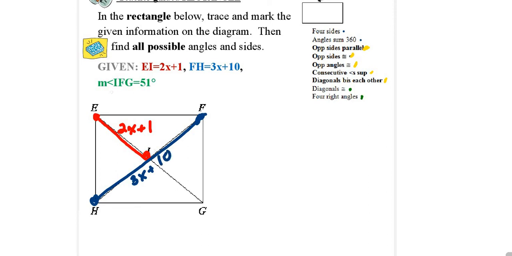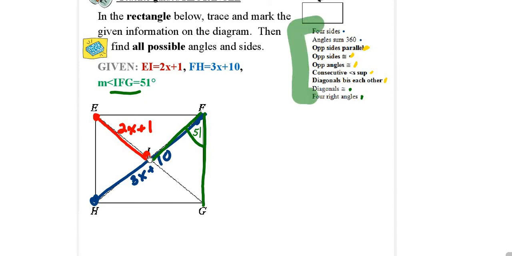And then we're told that angle IFG, there's I, go to F, go to G, that angle right there is 51 degrees. Alrighty, let's start with an equation, and it all goes back to these qualities.